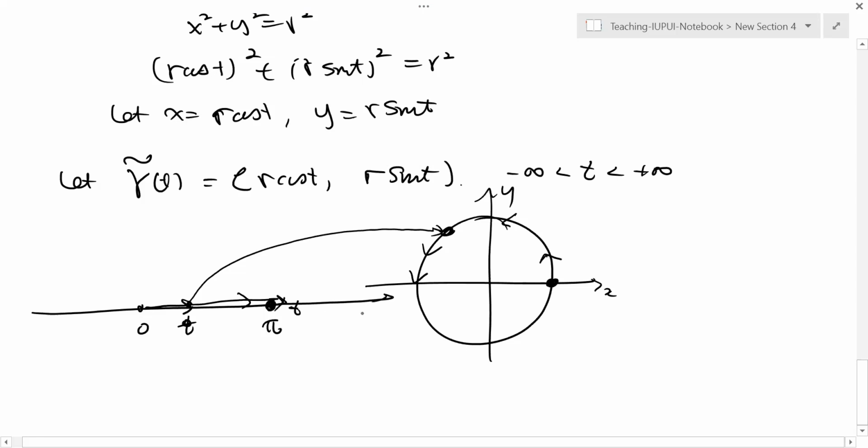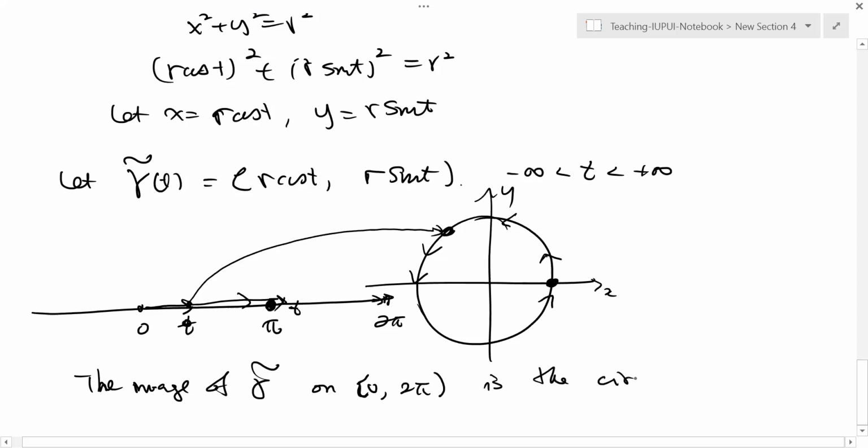And you can continue, and then it'll be 2 pi. So you don't need the whole line. The image of gamma tilde from the interval 0 to 2 pi is the circle.